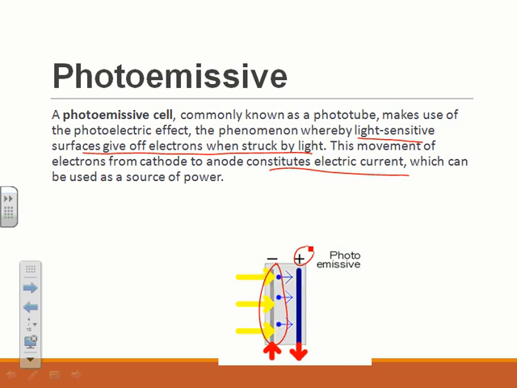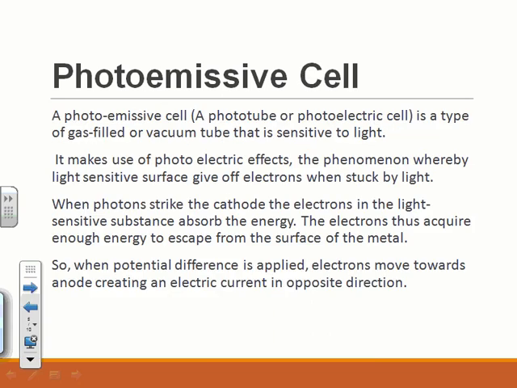So the photoelectric effect can be of three types, as I said earlier. Here we discuss the third one, the photoemissive effect. An example of its use is the photoemissive cell, also called a phototube or photoelectric cell.